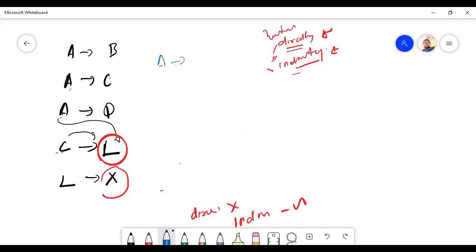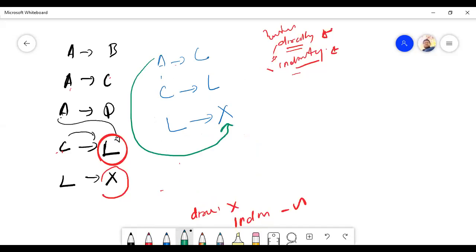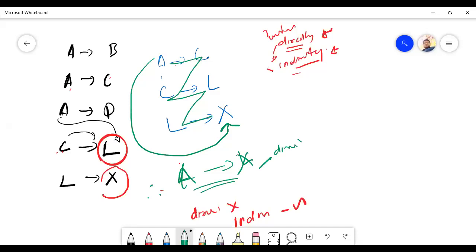First of all, A, C, then C, L, then L, X. So A, X, because you can see the relation. So we can say X is functionally depending on A, but this is not direct, this is indirect. I hope the others can also understand what I taught.